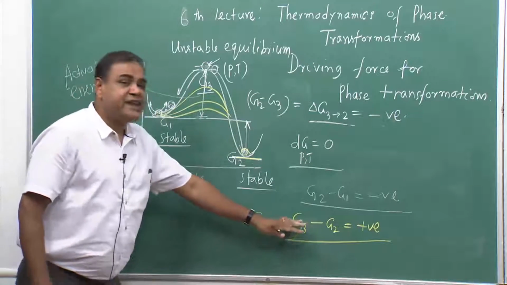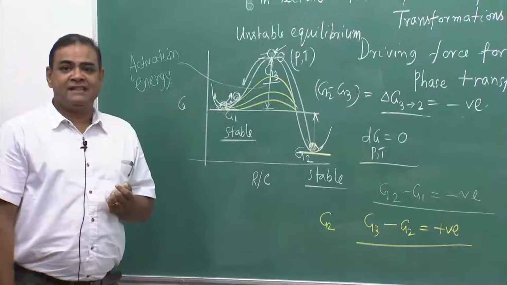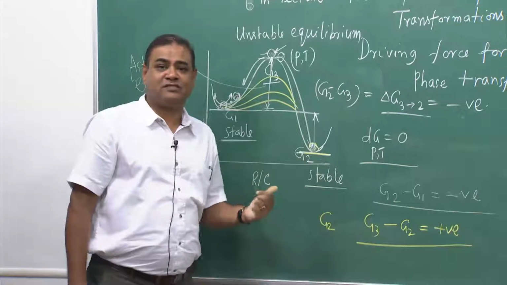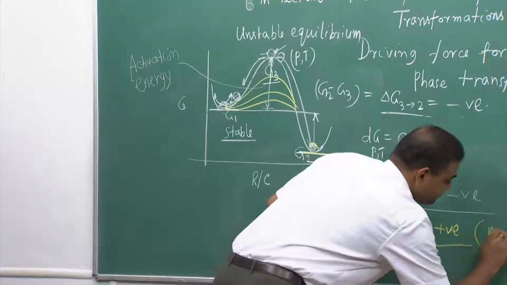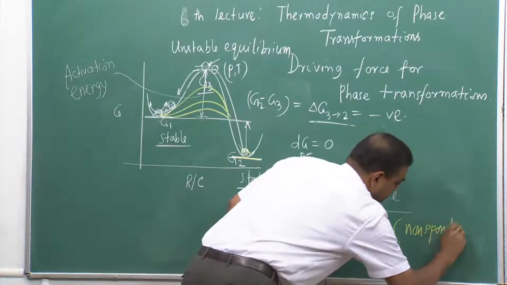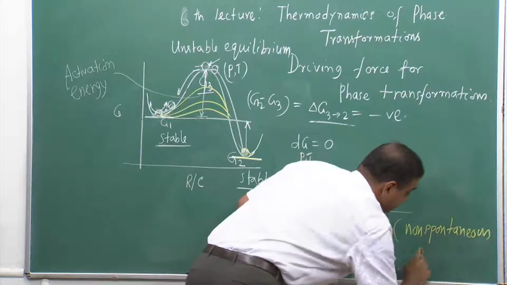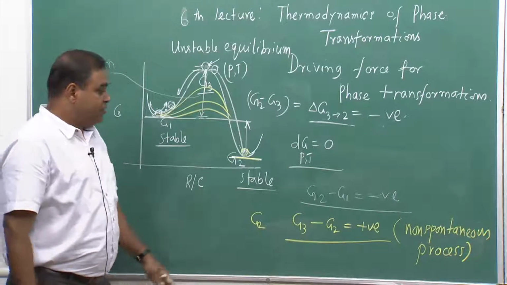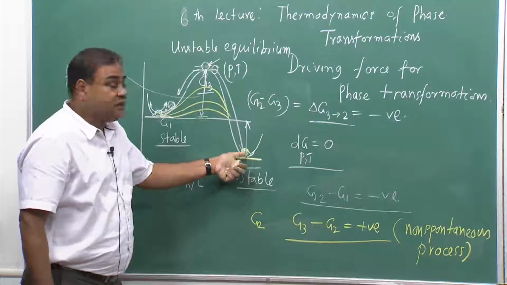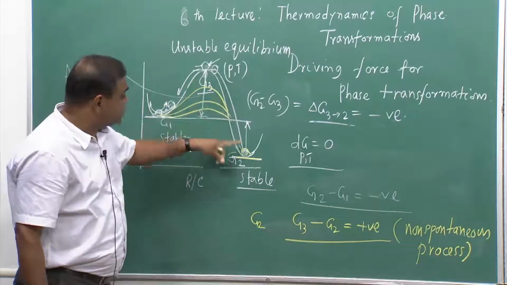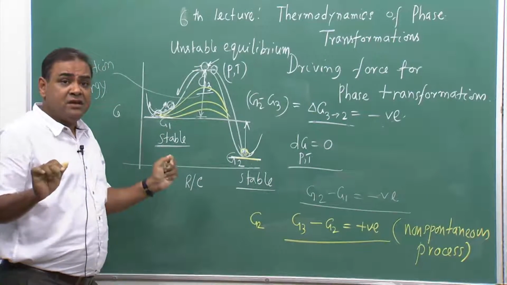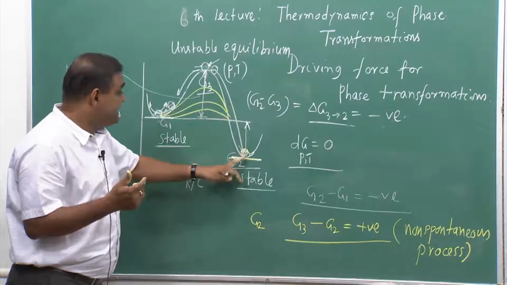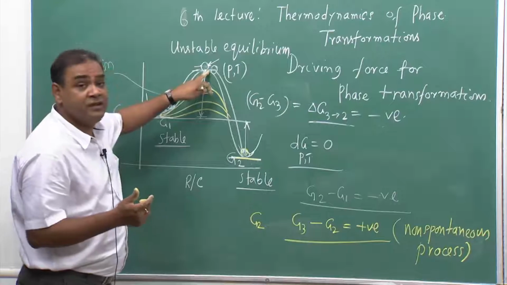If the free energy change is positive, then on its own the system cannot move. That particular process is called a non-spontaneous process. So, from this information it is very clear that the ball can move from here to there spontaneously without any excitement, but the ball cannot go to this point on its own.